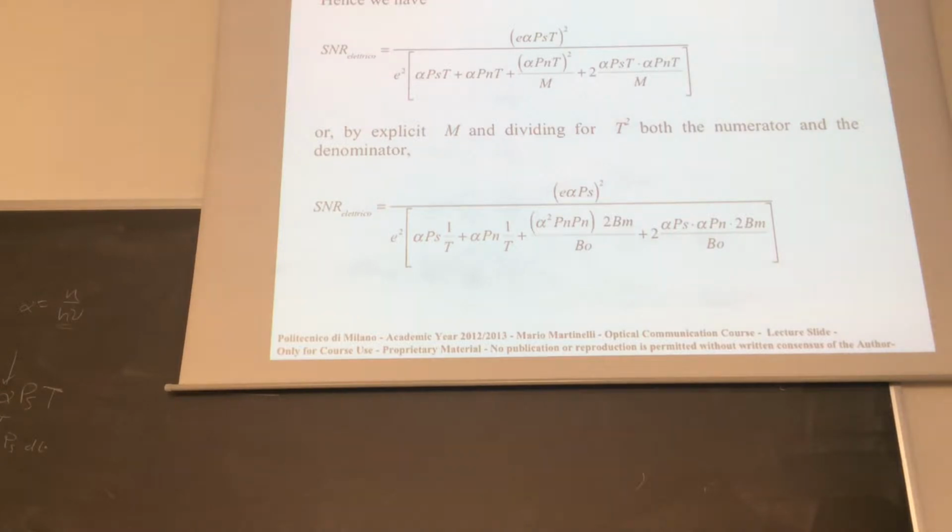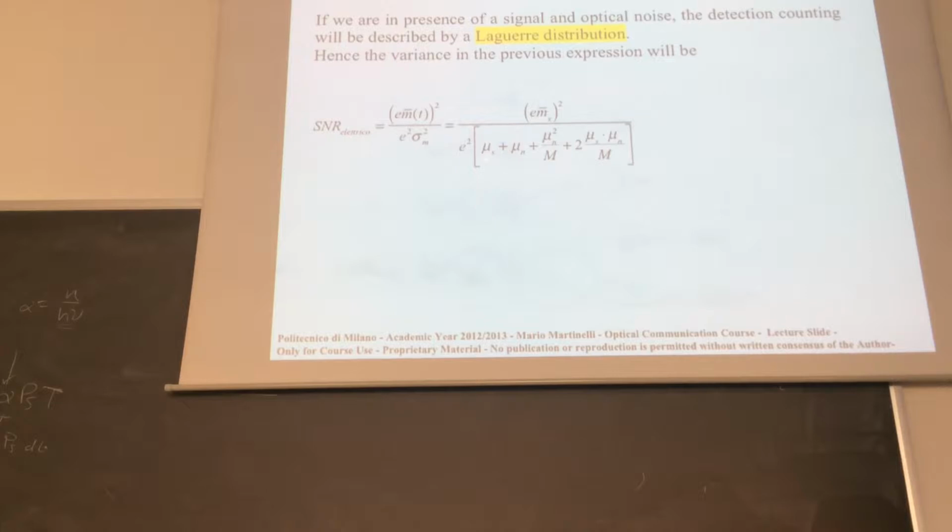Then, what about the denominator? In the denominator, I have again alpha Ps integrated over T. Again, the noise: these are the shot noise or corpuscular terms of the variance that we already saw, and these are the beating terms.